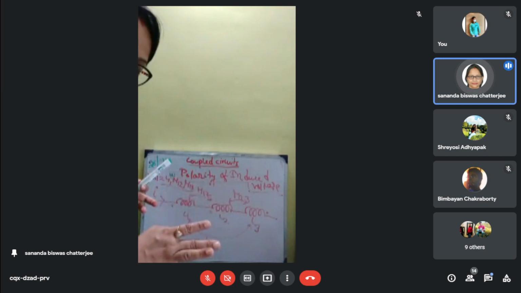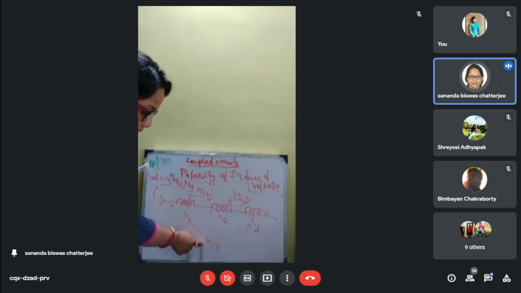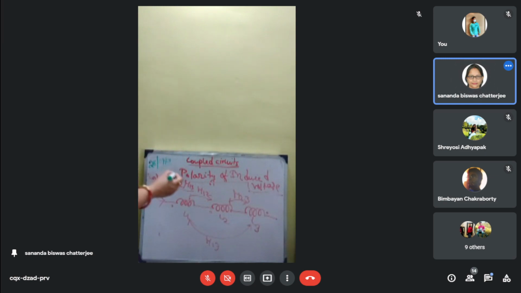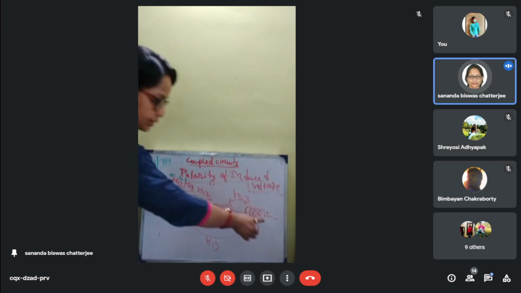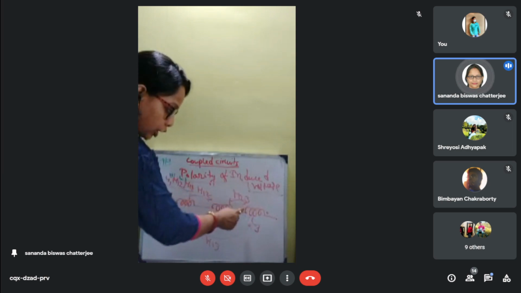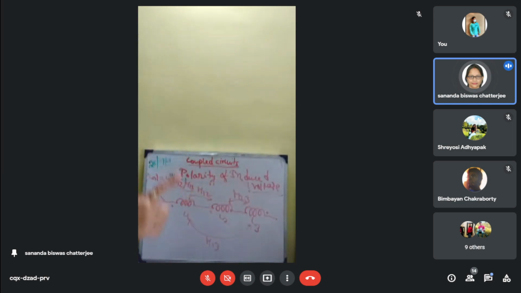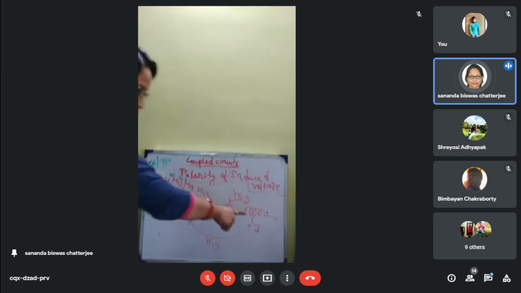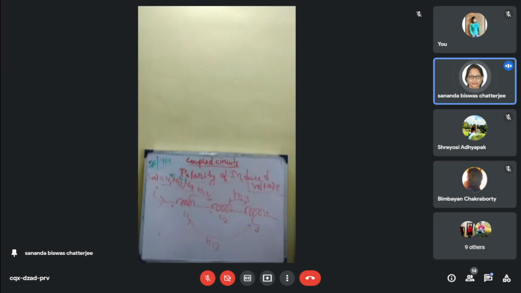They are in dissimilar manner. That's why this M13 for coil 1 will be minus. This is in the entering position, this is in the leaving position, in a dissimilar way. But if the dot was over here, then this M13 will be plus. But it is over here. So now M13 is minus.